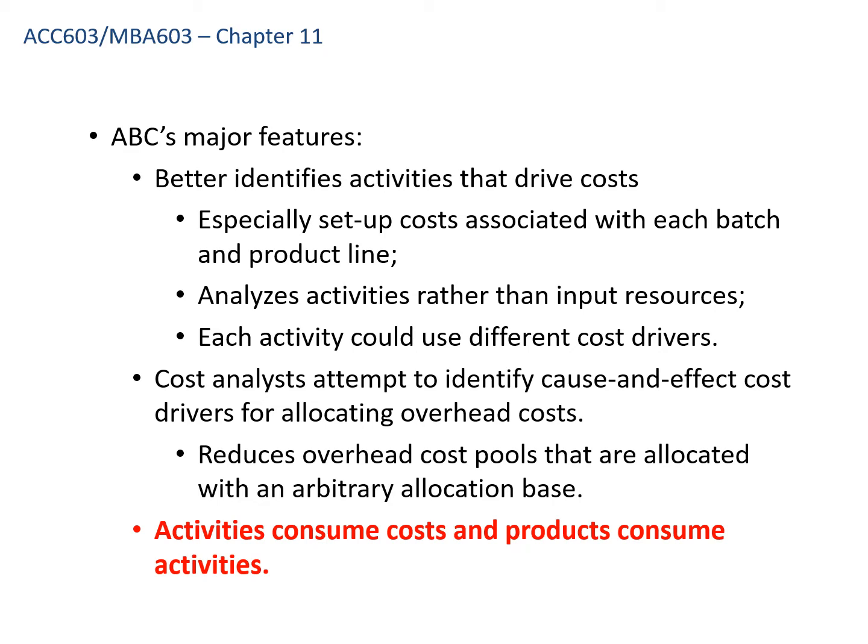And those kind of activities might be things like inspecting products or moving products around with forklifts or doing setups of machinery, things like that. Or engineering drawings, engineering redesigns. So we'll group costs by activities, and then we'll look at what products require what activities and to what level.